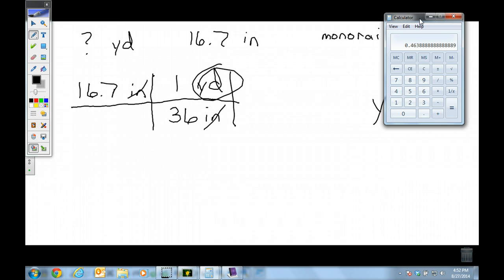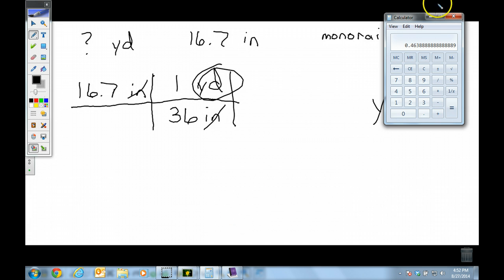Your calculator is full of digits, but sig figs tell you what to write. 0.46388888 repeating. Well, I only need that answer to have 3 significant figures. So 4, 6, 3. The 8 tells me to round up.